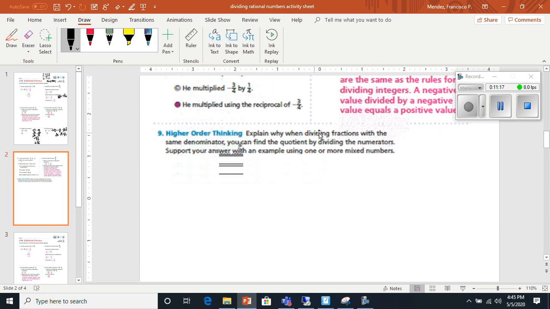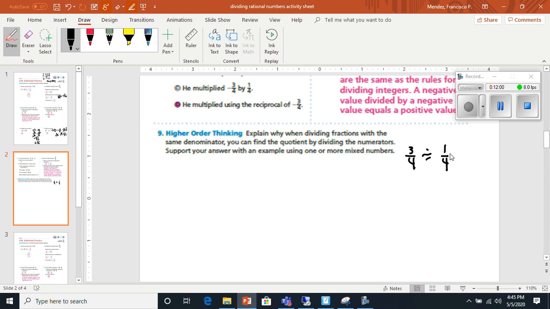Last one, number 9, says explain why when dividing fractions with the same denominator, you can find the quotient by dividing the numerators. Support your answer with an example using one or more mixed numbers. Basically what they're saying is, if I had two fractions, let's say like 3/4 divided by 1/4, when we're dividing fractions with the same denominator, both my denominators are the same, and you can find the quotient by dividing the numerators.